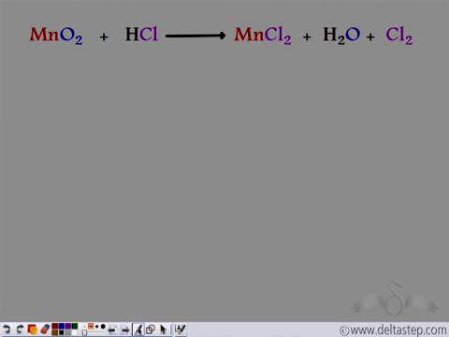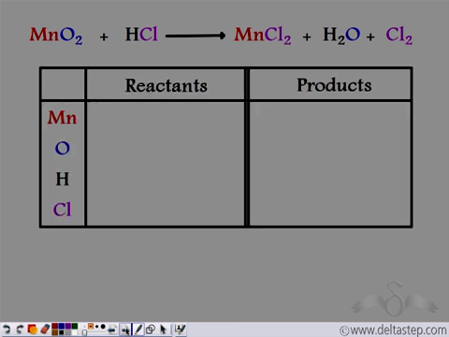Let's write the atoms which are present. We have manganese, we have oxygen, we have hydrogen and chlorine. So these are the 4 different atoms that we have. Now let's write the number of atoms on both the reactant and the product side.